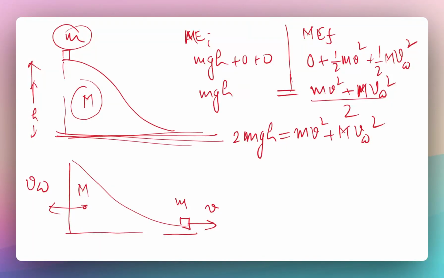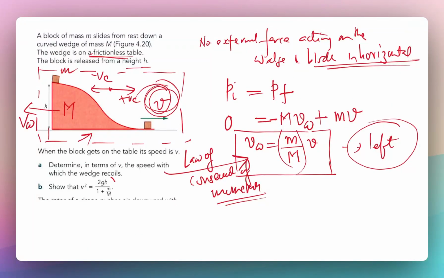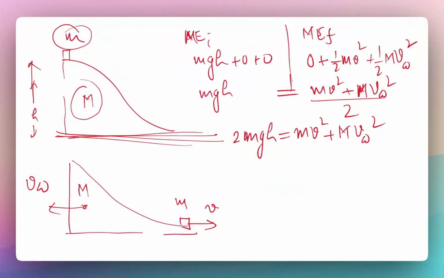Now let's go back and look at the question. In the v square expression, we don't have the value for v wedge, so we are going to simply take the value we found and substitute it over there, and that way we'll be able to solve this. So m v square plus capital M into v wedge square.